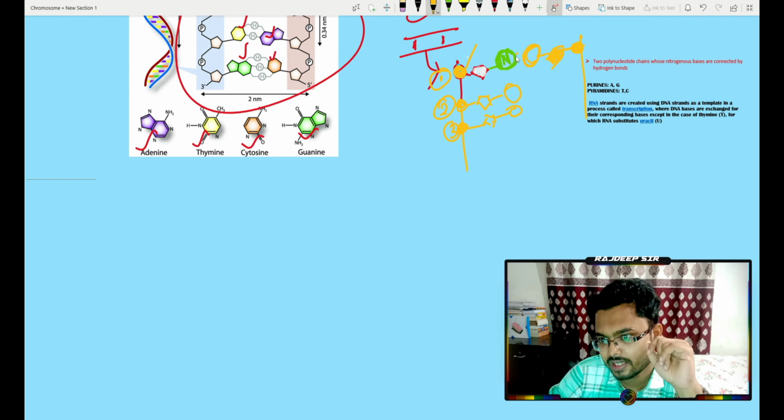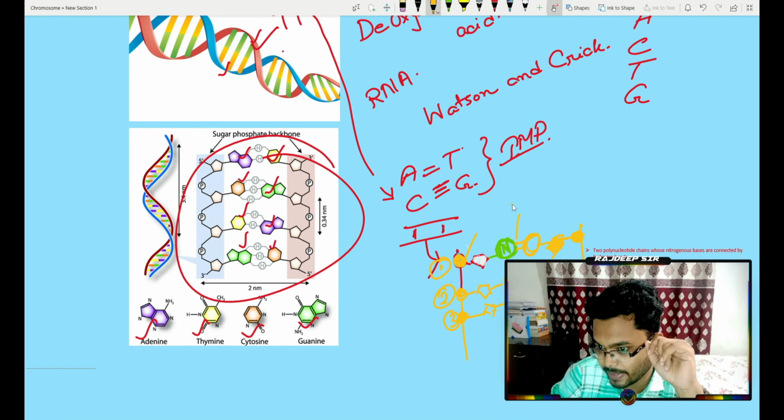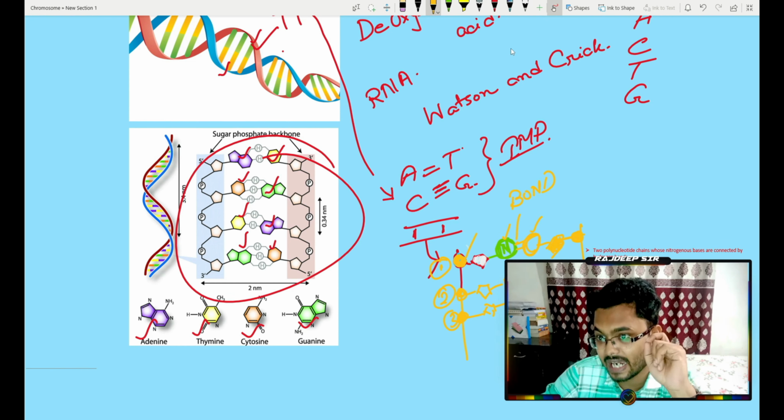And they remain connected by either a double bond, if there is a combination of A and T, or a triple bond, if there is a combination of G and C. This bonding depends on the nitrogenous bases that are present here.